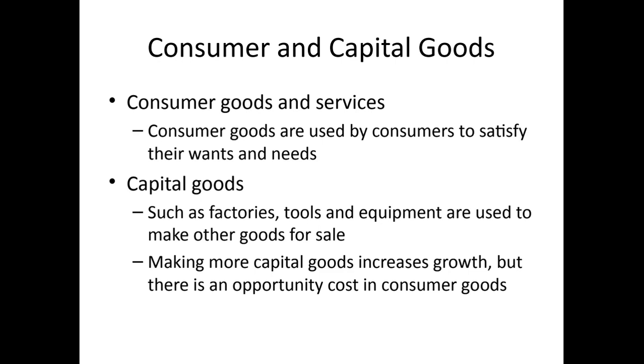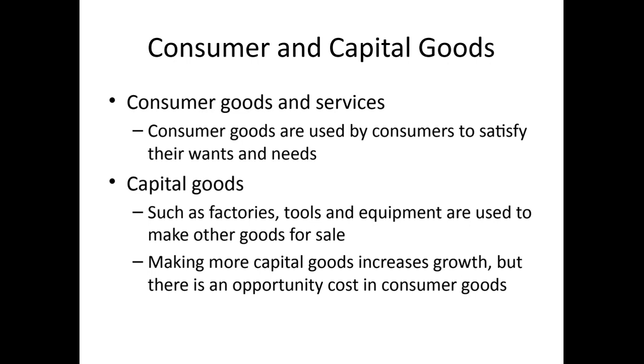Any product that you purchase for your own consumption is called a consumer good. While capital goods such as factories, tools, and equipment are used to make other goods for sale.